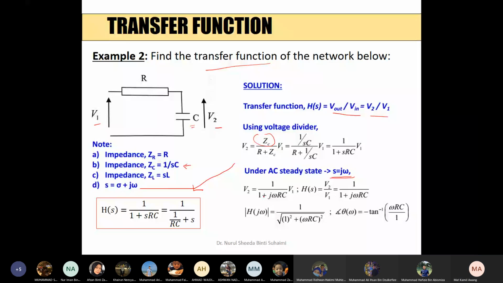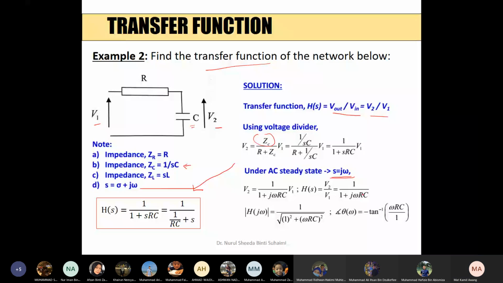So under steady state, H of S equal to V2 over V1 is equal to 1 over 1 plus j omega RC, because we just substitute S with j omega.